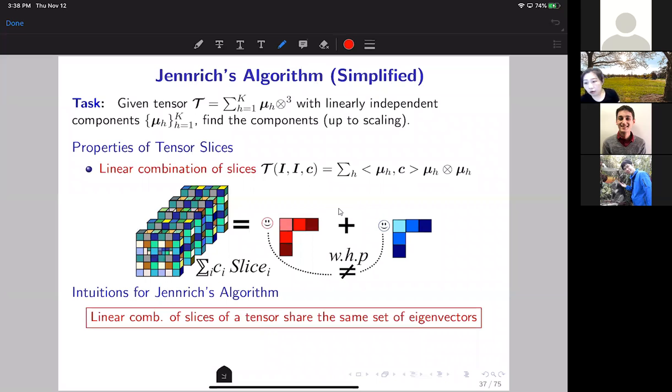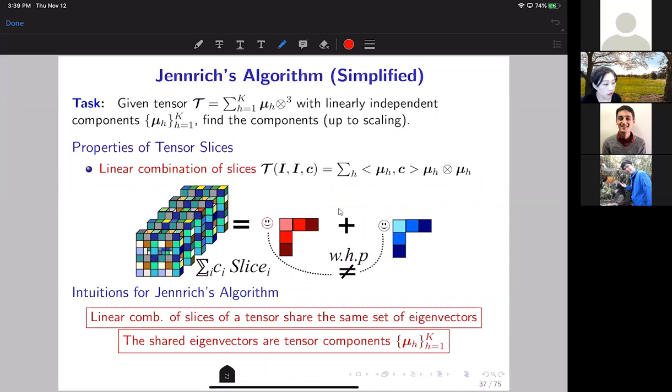So Jennrich's algorithm basically uses this observation. What is the observation? The observation is that the linear combinations of slices of the tensor share the same set of eigenvectors. Okay, so that's a very important observation, and we actually hinted at that last time. So the shared eigenvectors are tensor components. Okay.